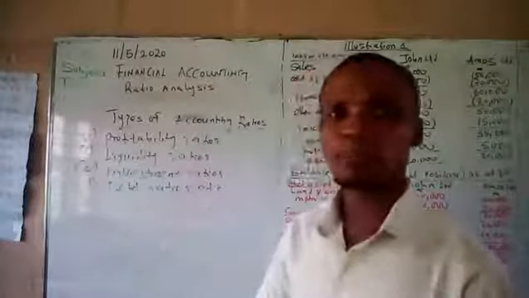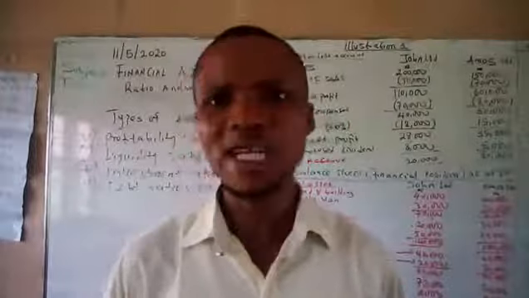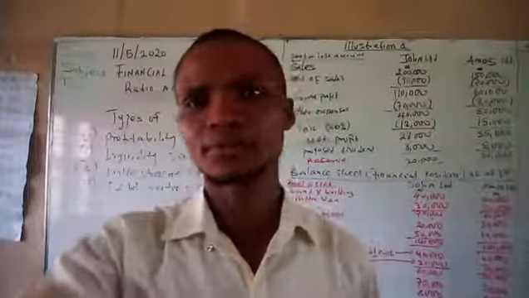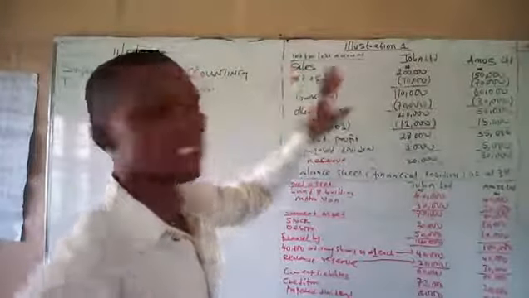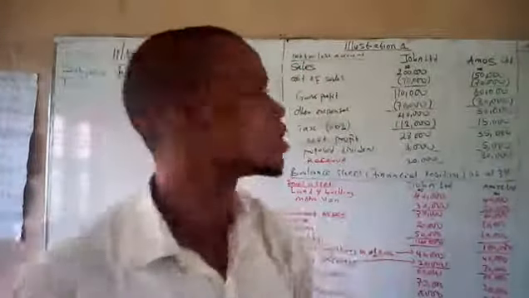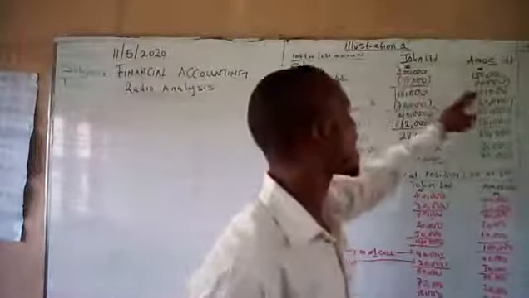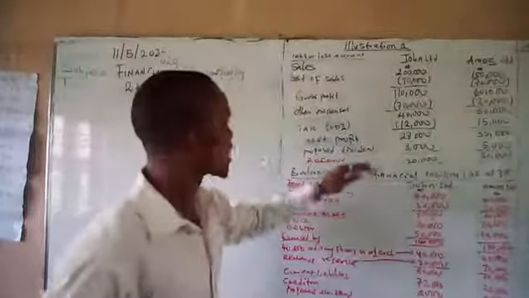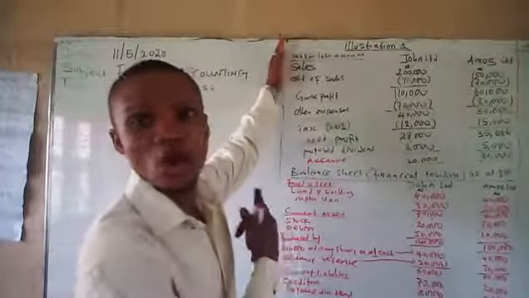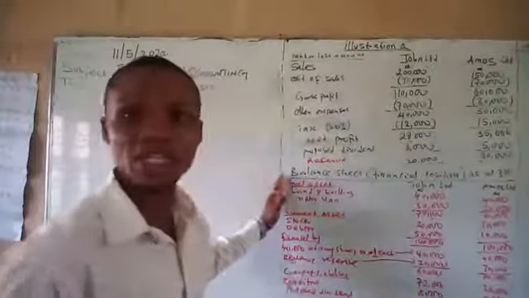Now, let's look at practical examples on ratio analysis. We have illustration 1 on the board. In this case, we have two companies, John Limited and Amos Limited. This is the income statement, and here is the financial position.